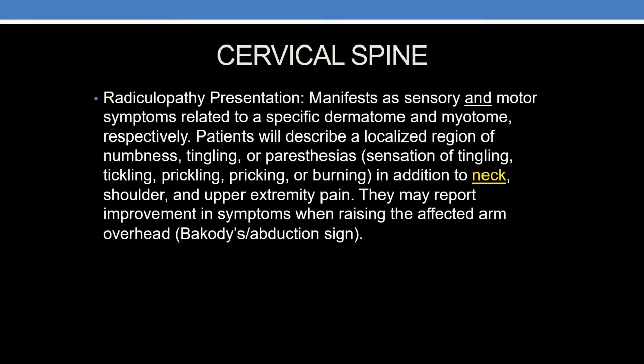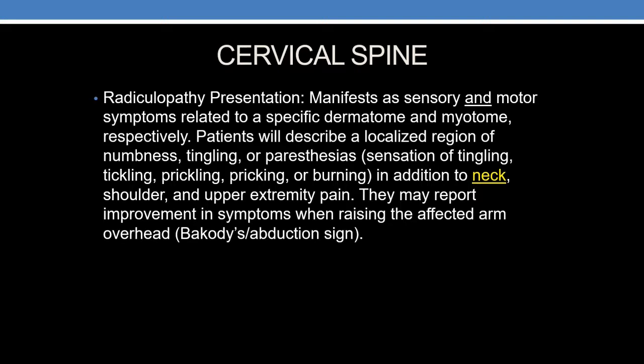Okay, so then what about radiculopathy? Now that we know the clinical presentation of myelopathy, what about radiculopathy? Radiculopathy has a different clinical presentation. Radiculopathy manifests as sensory and motor symptoms related to a specific dermatome and myotome respectively. Patients will describe a localized region of numbness, tingling, or other paresthesias.